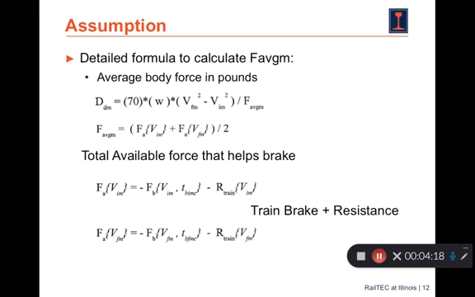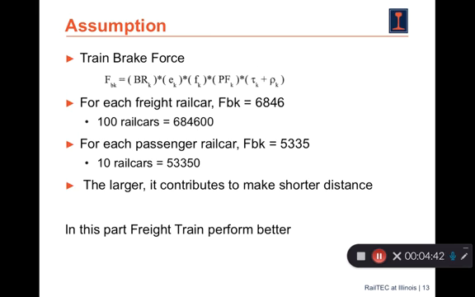Braking distance is affected by the brake force and the resistance. Today I fix the brake value for each type of train and mainly discuss the resistance, since resistance is easily affected during train braking.